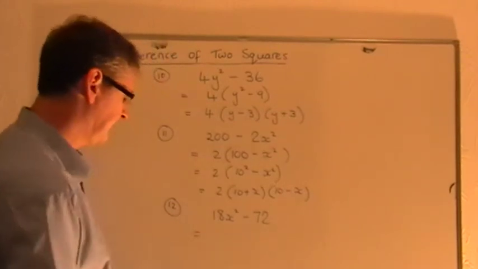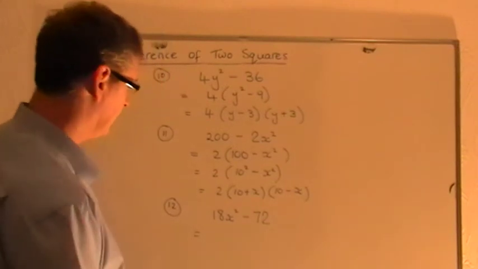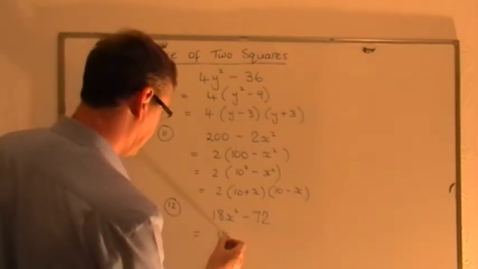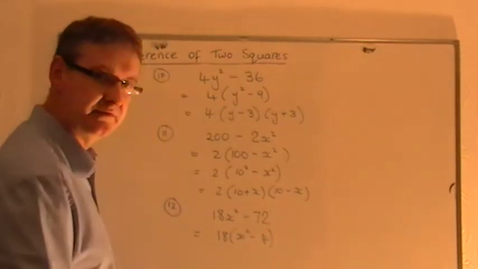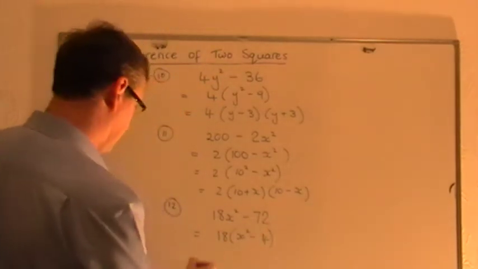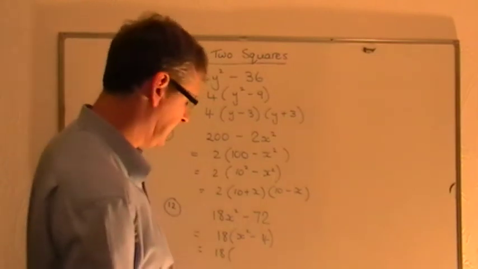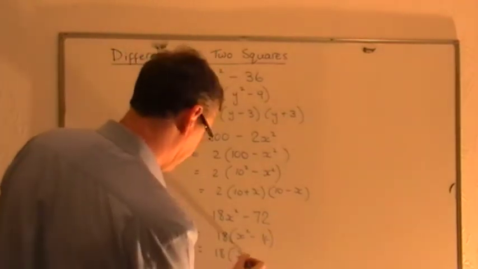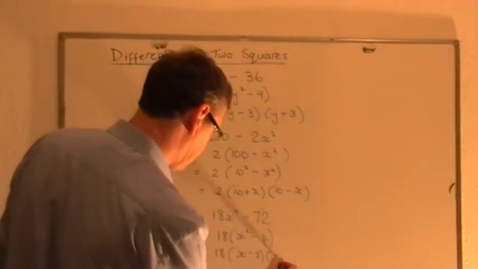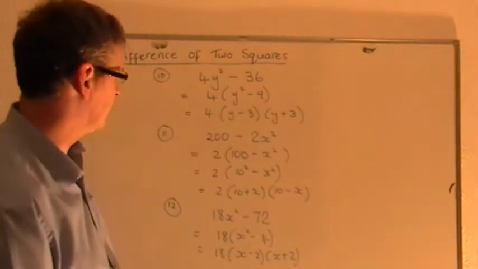Looking at this, you can see that there is a common factor. Common factor is 18, and I think 4 18s make 72. And this once again is now a difference of two squared terms, x squared minus 2 squared, so you can have x minus 2 and x plus 2, and there you go, that's the end of that factorisation.